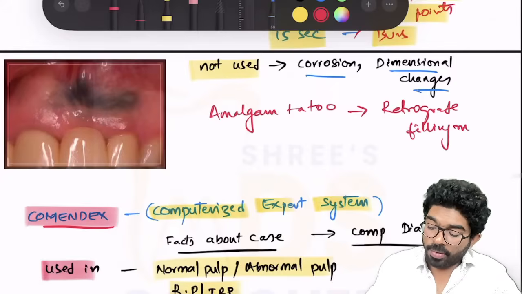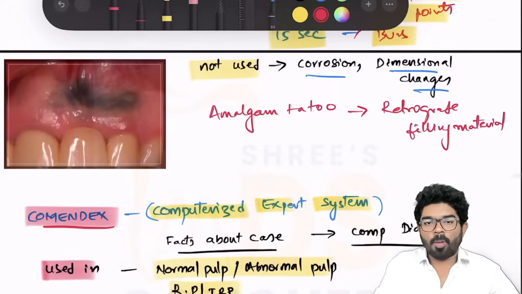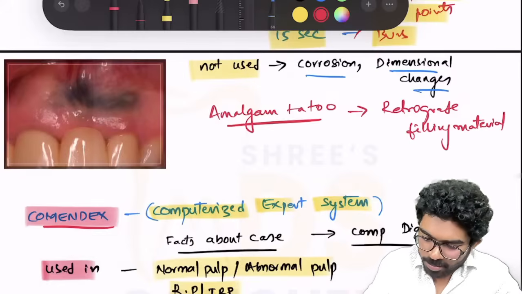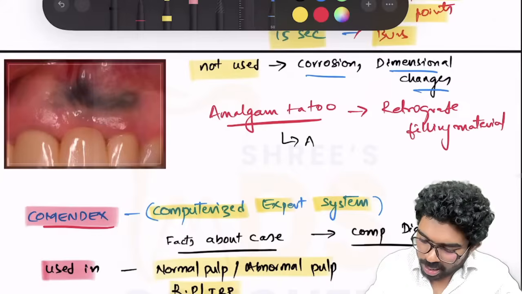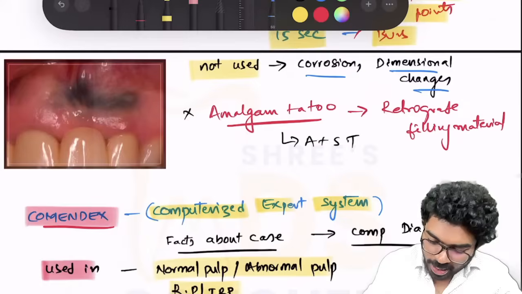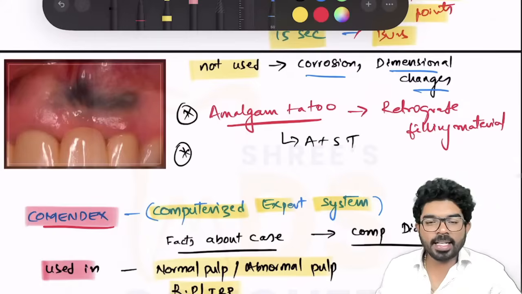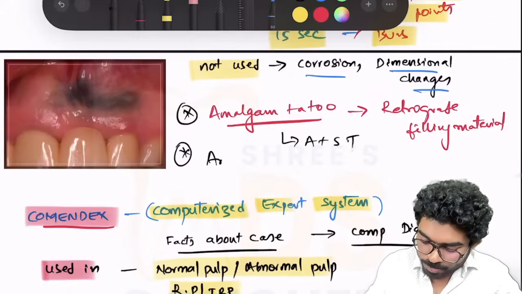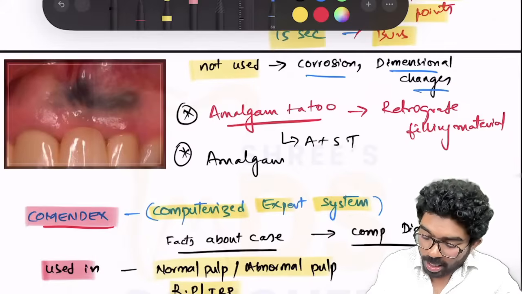Amalgam tattoo is basically amalgam in soft tissue. So that is one important area. Again, these are very frequently asked viva questions. Then there is something called amalgam blues.